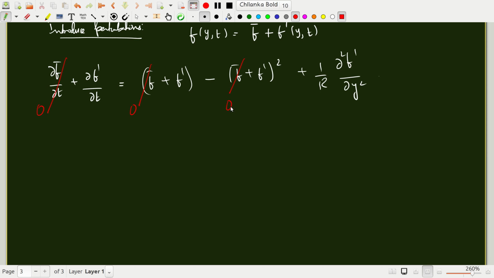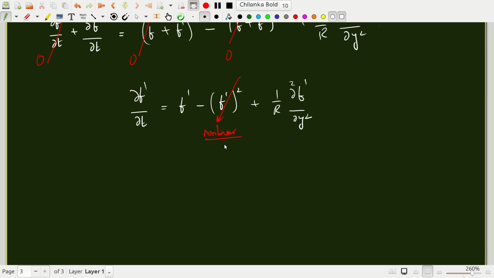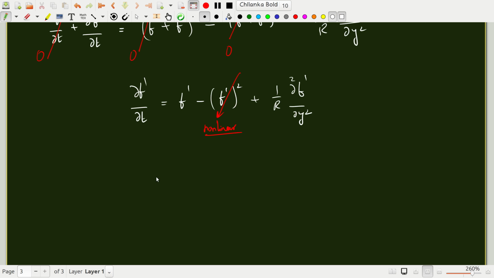So what you are left with is df prime by dt equal to f prime minus f prime squared plus 1 over r partial squared f prime by partial y squared. Now this term must be neglected because it's non-linear. In a linear stability analysis, you're not allowed to have non-linear terms. That's the definition of a linear stability analysis. So we finally end up with this linear partial differential equation.